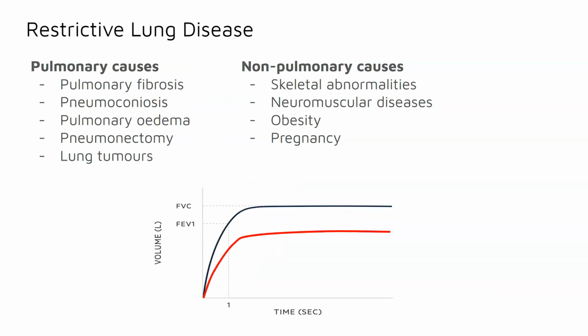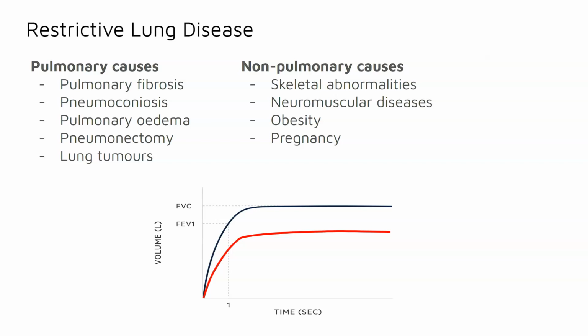Now, some causes for restrictive lung disease, where the lungs are not able to bring as much air in as they possibly need to, and therefore can't breathe out as much as they possibly can, are twofold. We can have pulmonary causes and we can have non-pulmonary causes. So, for example, if I think about pulmonary causes, I'm thinking about things that are affecting the lungs directly.